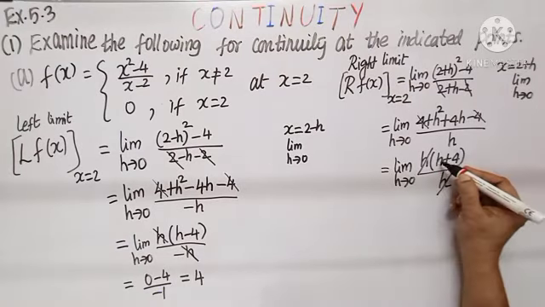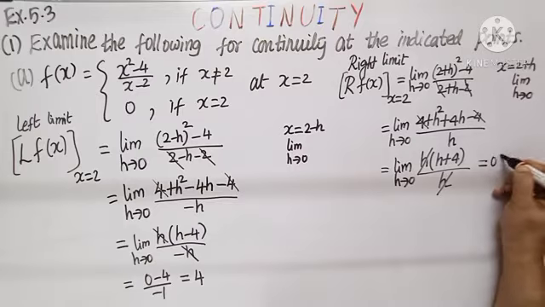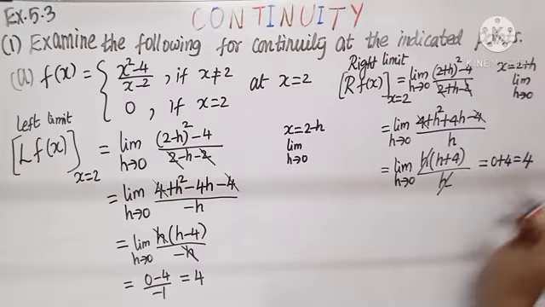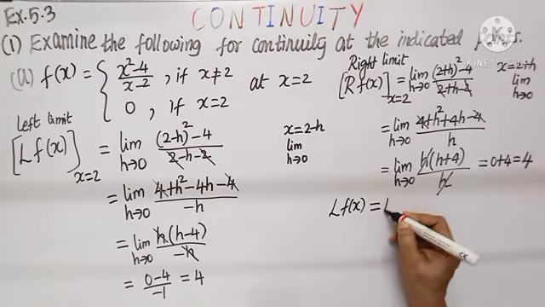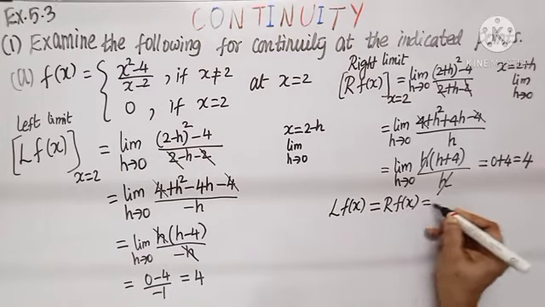As I put 0, I get 0 plus 4, that is 4. Once I know the right limit and left limit, check whether they are equal. So left limit and right limit are equal to 4.